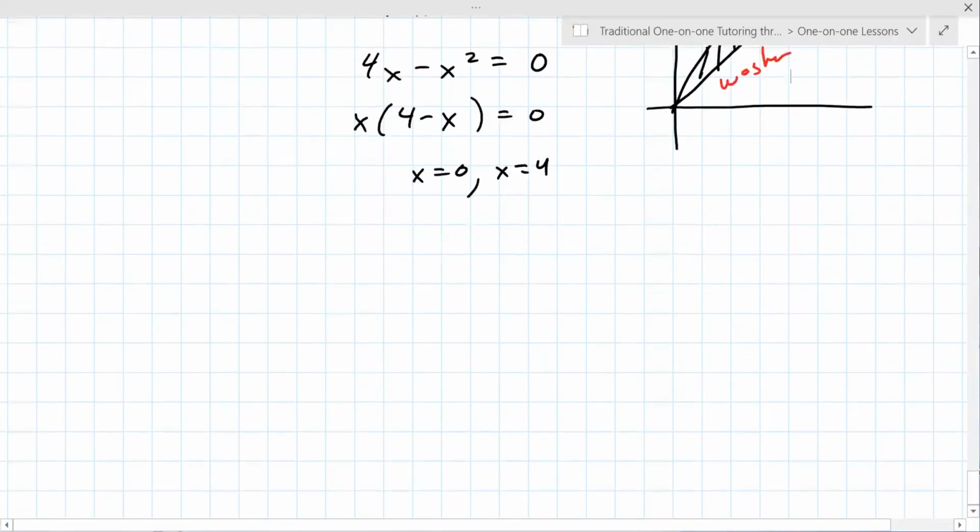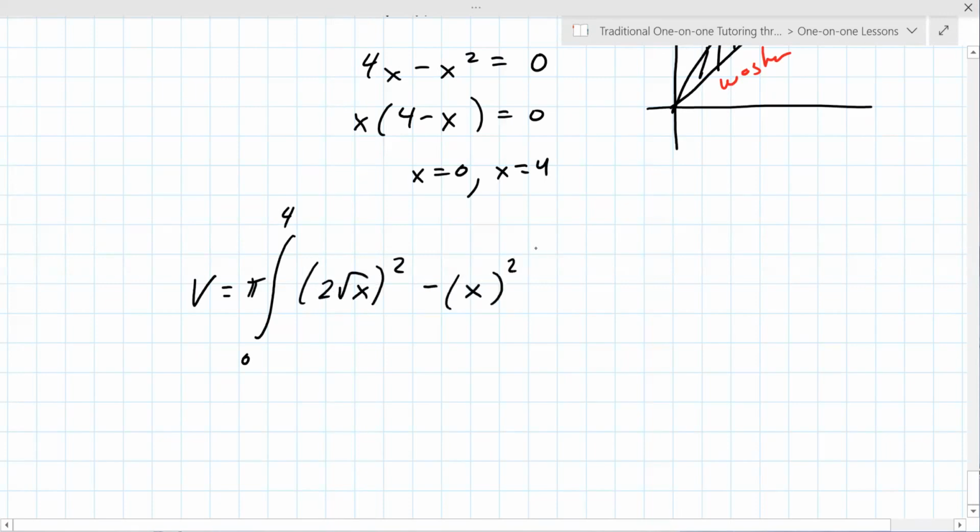So your volume here is the integral from 0 to 4, because those are the x bounds, of pi times big R, 2 square root of x squared, minus x squared dx. So this becomes 4x minus x squared, and then we've got to find antiderivatives.